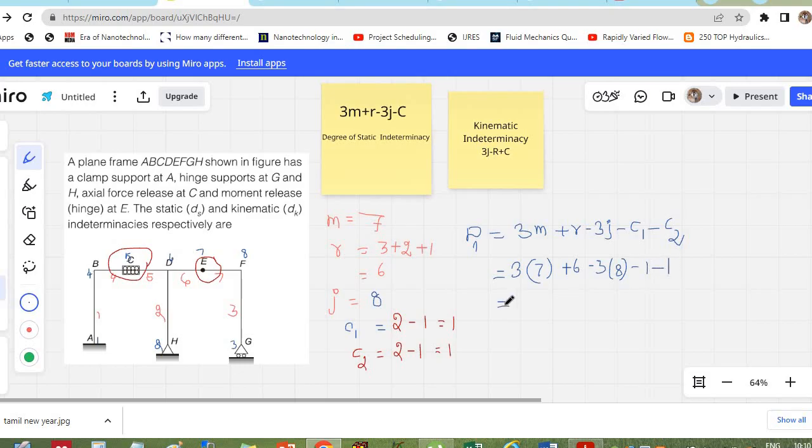So if you calculate that, you will get 21 plus 6 minus 24 minus 2. So ultimately the answer is 27 minus 26, that is equal to 1. So this is the degree of static indeterminacy of this frame.